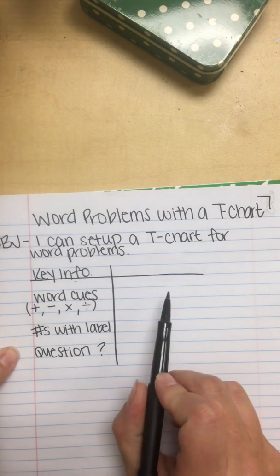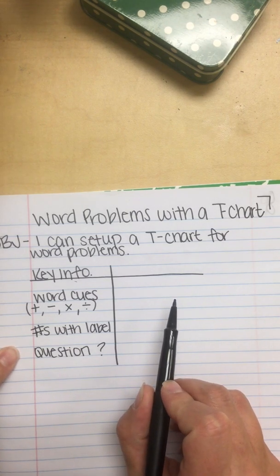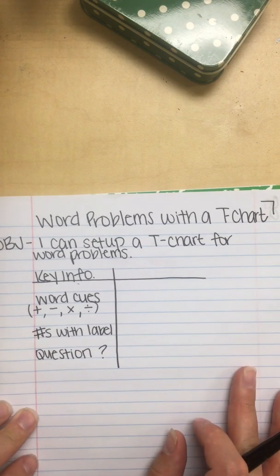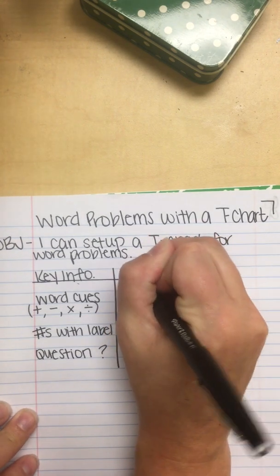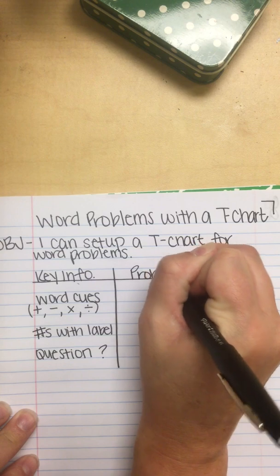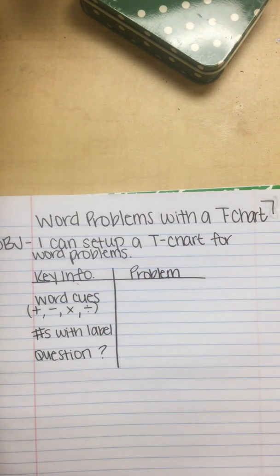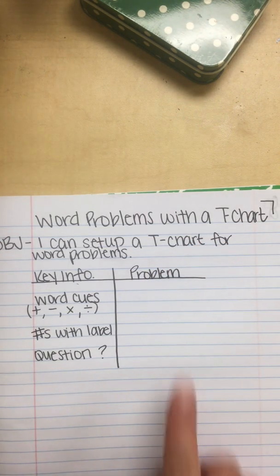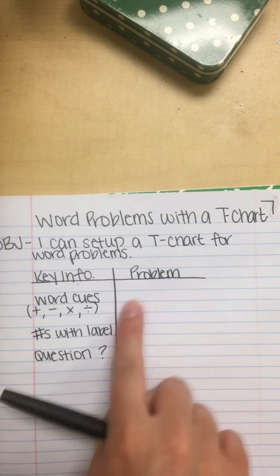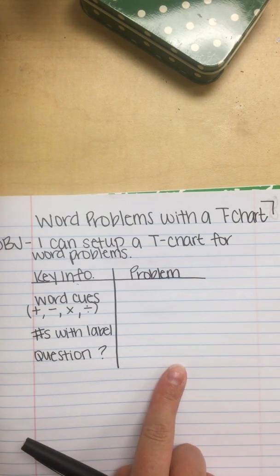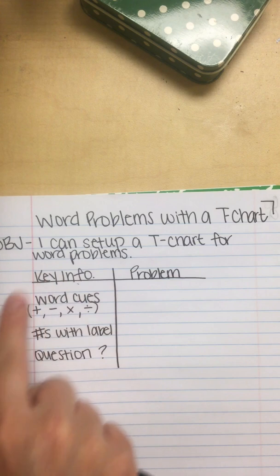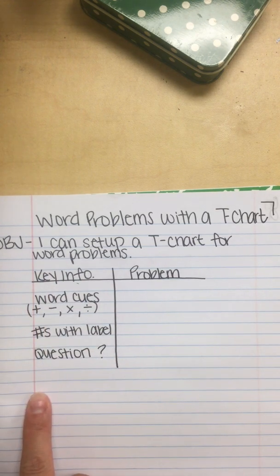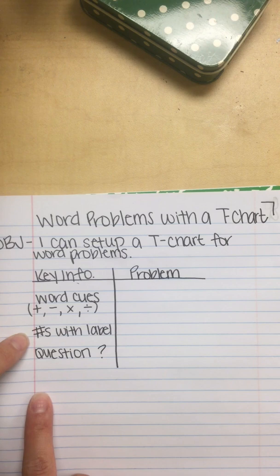Now, on the other side of our T-chart over here, this is where we're going to actually work out the problem. So I just put problem over here. Now, you can label it, but we don't actually start writing in this column until all of our key information is filled out. So you have to have your word cues, you have to know your numbers with their label, and you have to know what question you're answering.